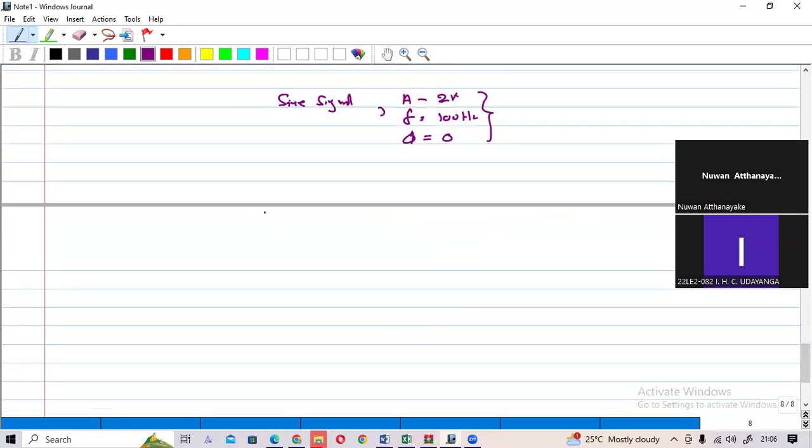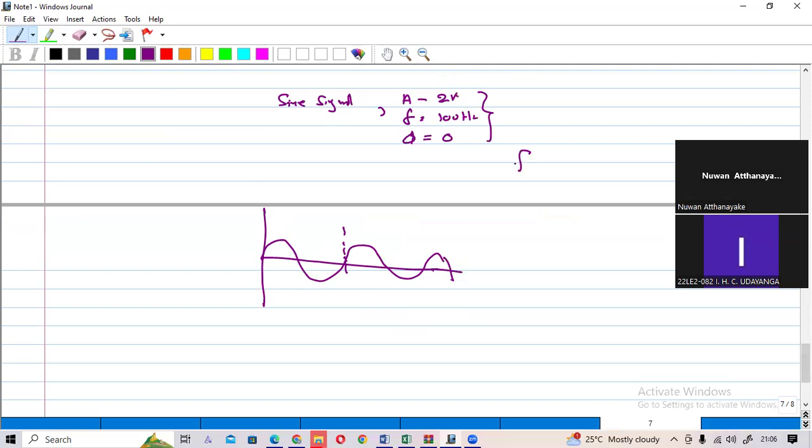A sinusoidal signal definitely looks like this. This is called one cycle. The number of cycles per second is normally referred to as frequency, f. That is the number of cycles in 1 second.